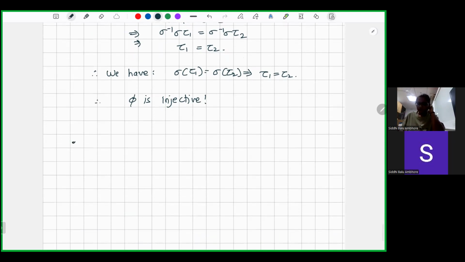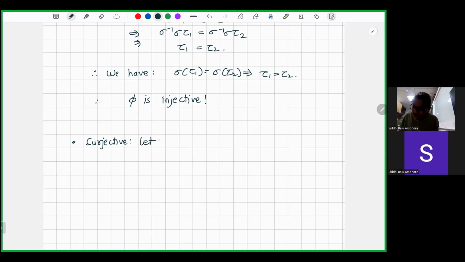We also have to prove surjectivity, because these two are different sets. In order to prove they are bijective, we have to prove both injectivity and surjectivity.